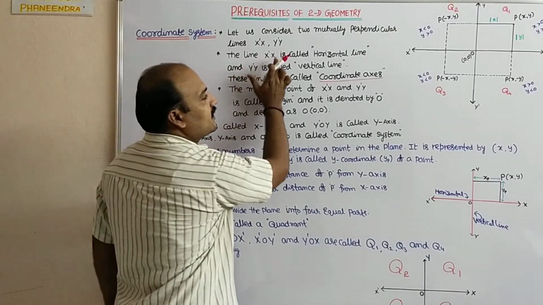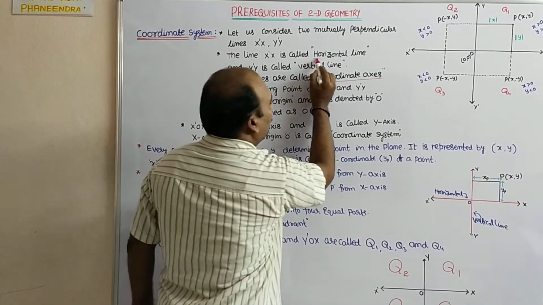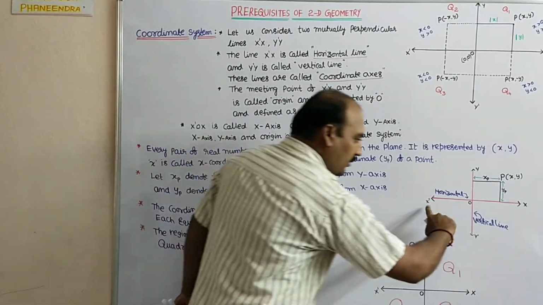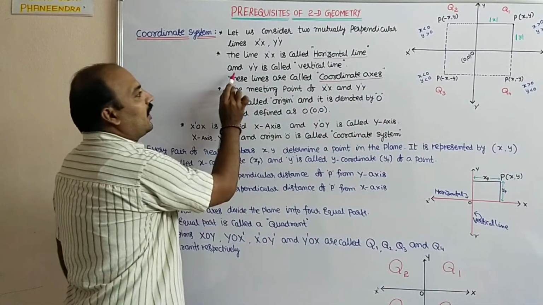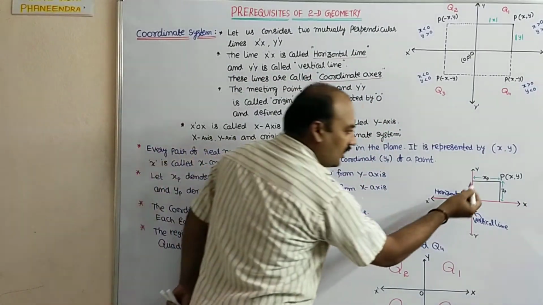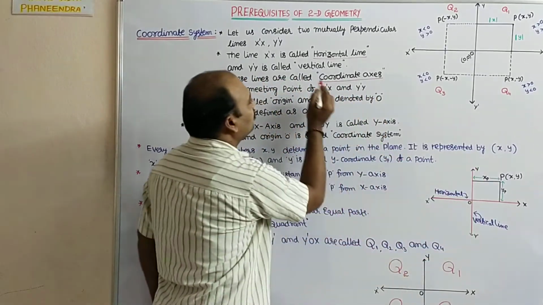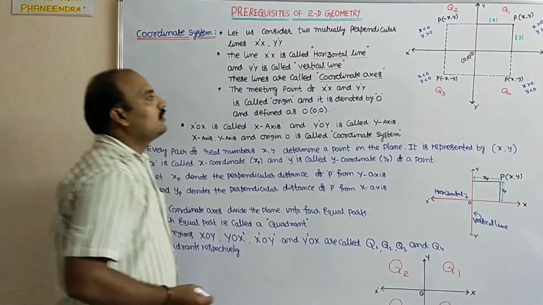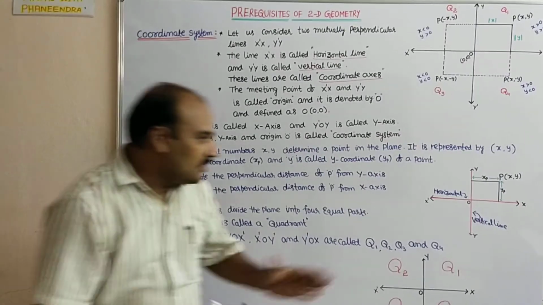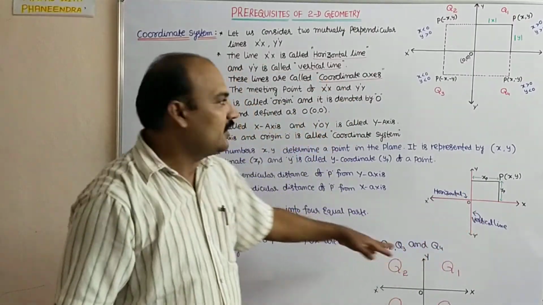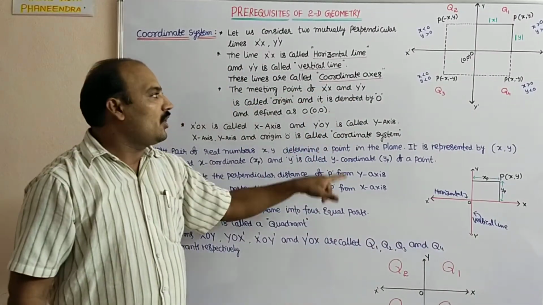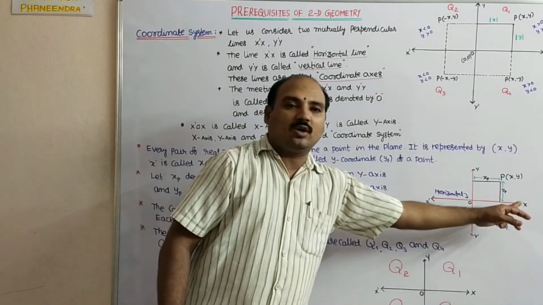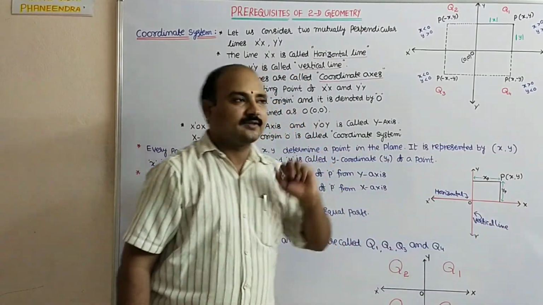The line x dash x is called the horizontal line, and y dash y is called the vertical line. These lines, the horizontal line as well as the vertical line, are called coordinate axes.